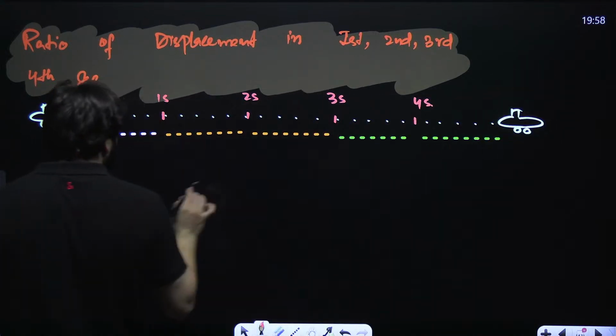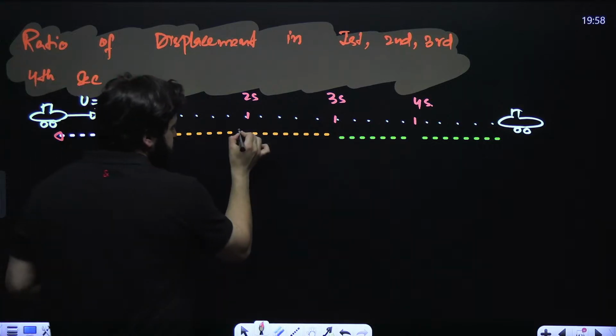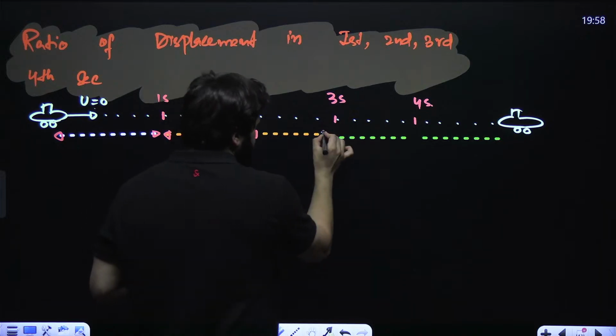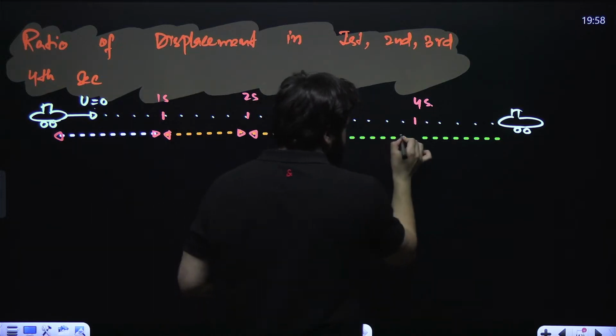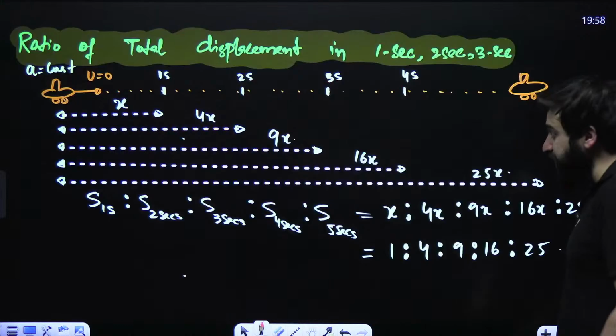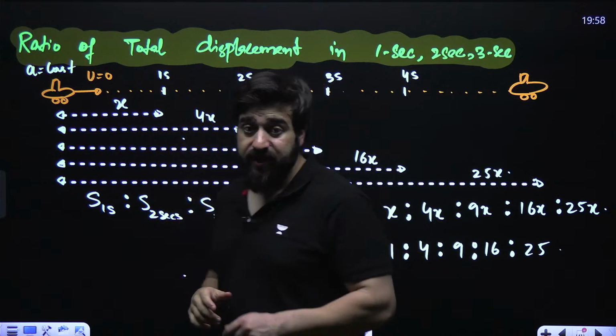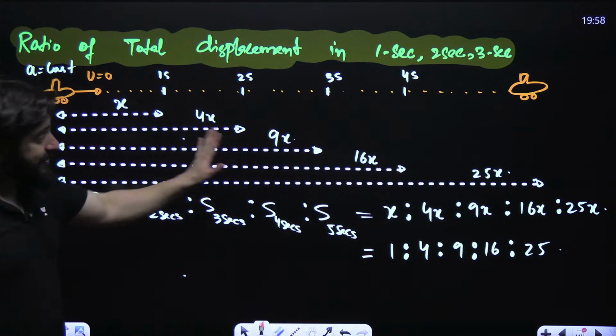Yes. Guys, displacement in first second, displacement in second second, displacement in third second, displacement in fourth second, displacement in fifth second. And what is this one? Displacement in 1 second, 2 seconds, 3 seconds. This is basically the complete displacement.